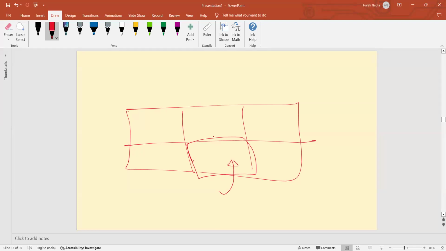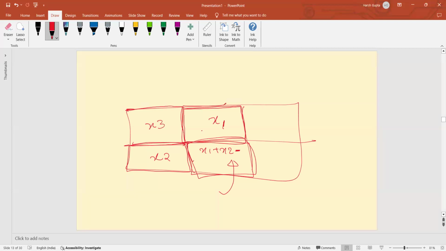Can I say that the frequency of X for this particular block is nothing but the number of X that we got till this particular block, let's suppose it is X1, minus the number of X that we got till this other block, let's suppose X2, minus the number of X till this block, which is X3?